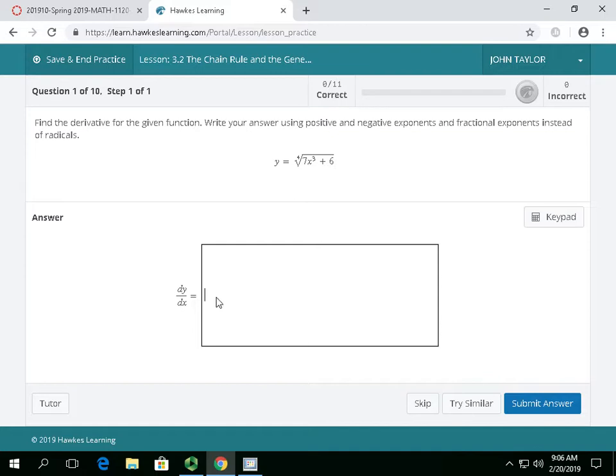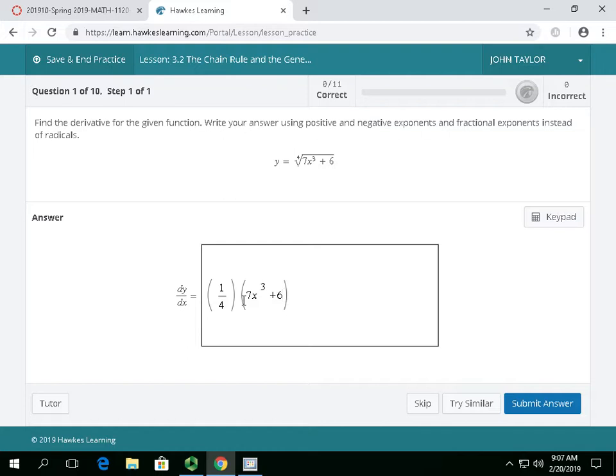I'm going to use a parenthesis. And I can do a 1/4, 1 divided by 4. And automatically, Hawks, even though I didn't push the keypad, will put this thing in there. It's 1/4 here. And I can get rid of this part over here. 1/4 times a parenthesis. And inside the parentheses, the inside stays the same: 7x cubed plus 6.